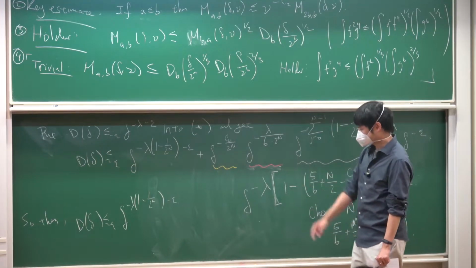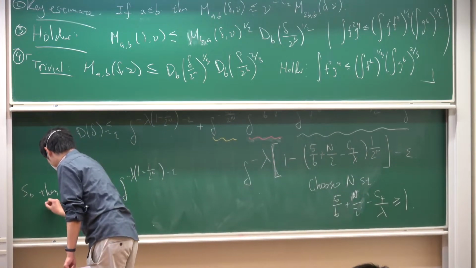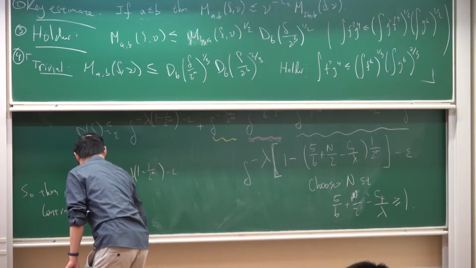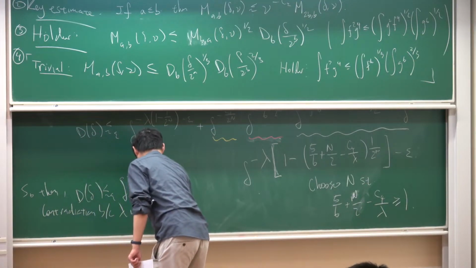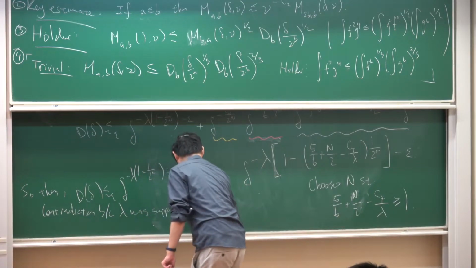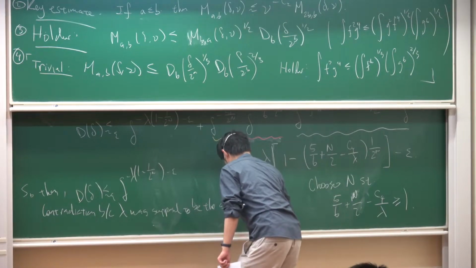Okay? And then this is a contradiction, because lambda was supposed to be the smallest. Okay.